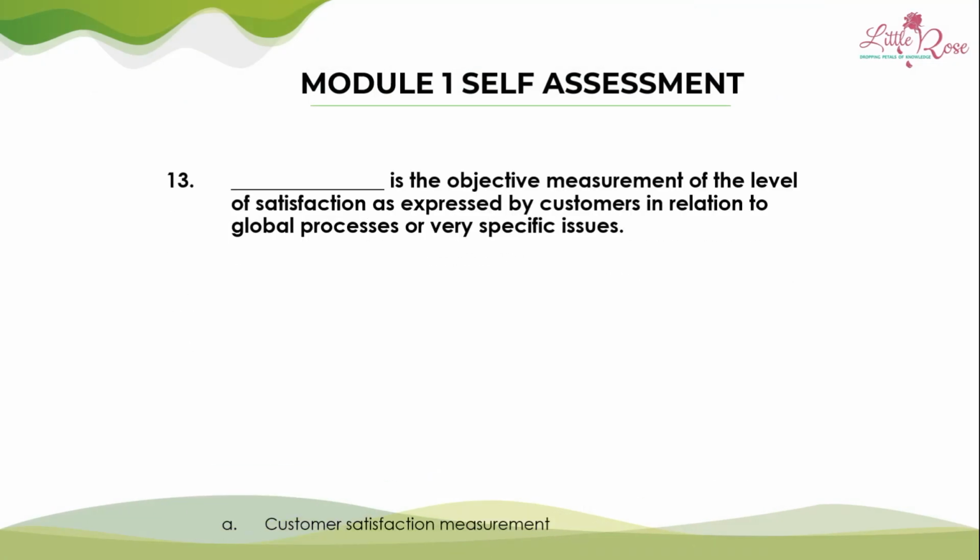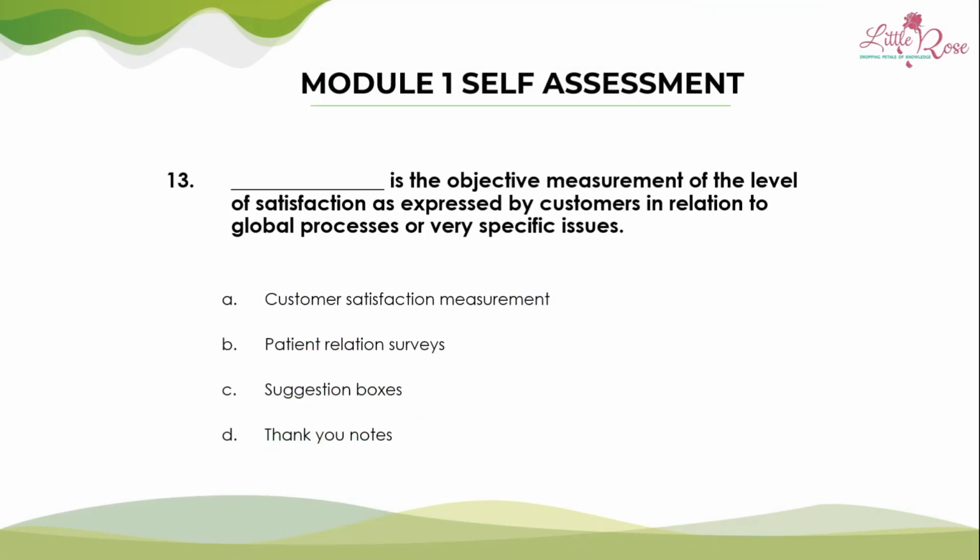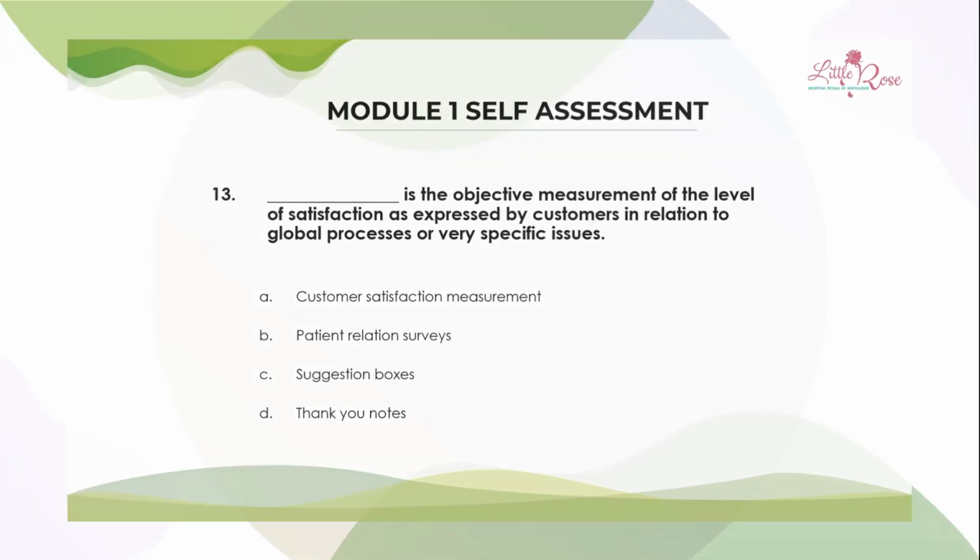Question number 13. Blank is the objective measurement of the level of satisfaction as expressed by customers in relation to global processes or very specific issues: A. Customer satisfaction measurement, B. Patient relation surveys, C. Suggestion boxes, D. Thank you notes.